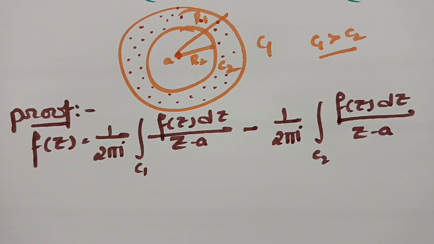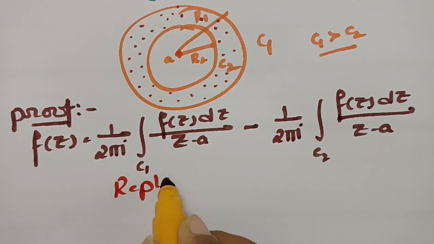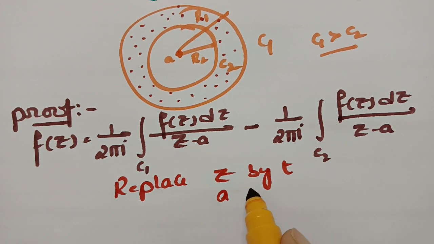In order to solve this, the first thing is we have to replace z by t, and in place of a, I am writing z.